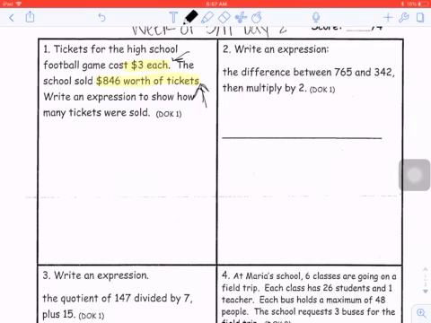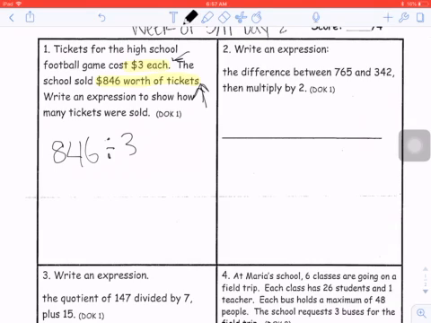That word each, with this context, I would say that $846 worth of tickets, if we're trying to find out how many tickets were sold, we need to divide that by that $3 each. Okay? And it doesn't say that we have to solve it, so I'm not going to worry about that. We're just writing those expressions.